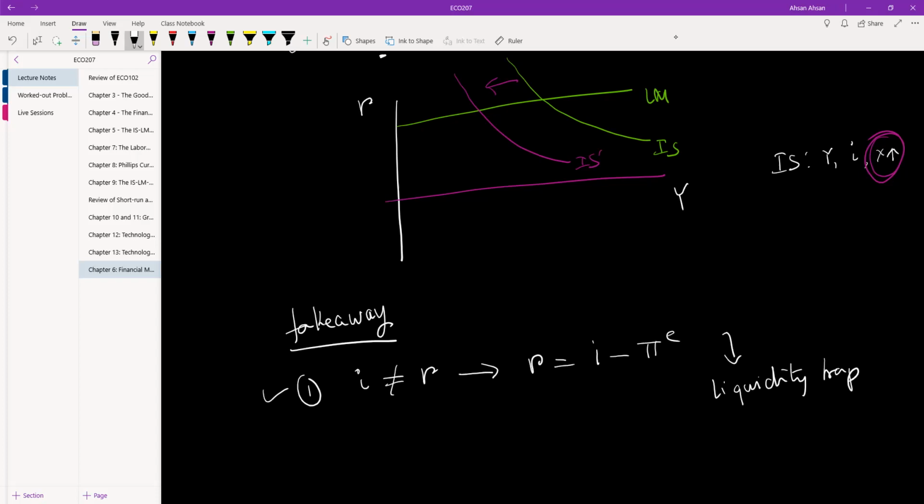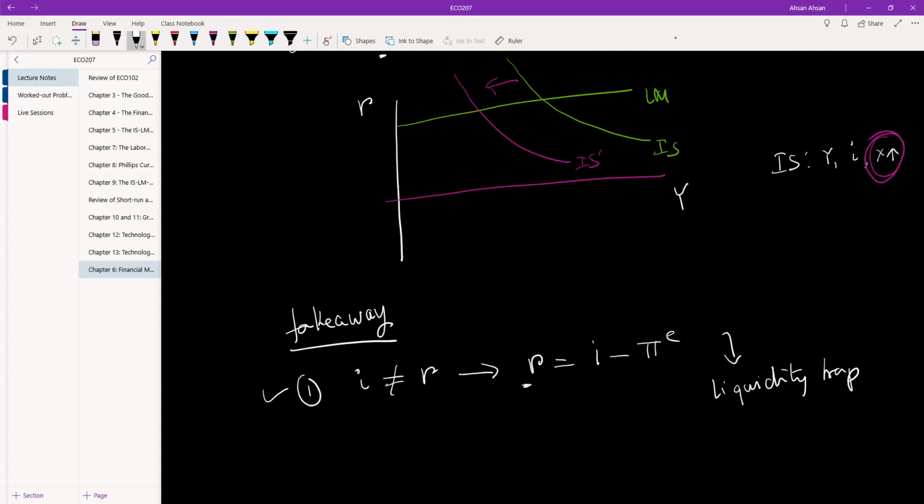But what we're also seeing in this chapter is that it's not just that the nominal interest rate cannot go below 0%, but it's also the different levels of inflation that tell us what the boundaries of the real interest rate are going to be.